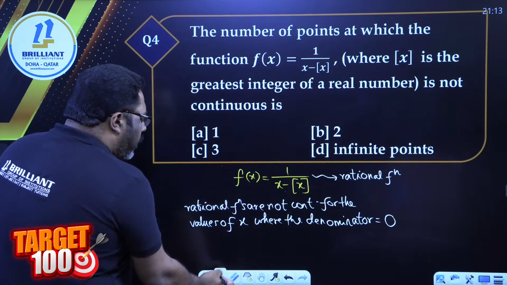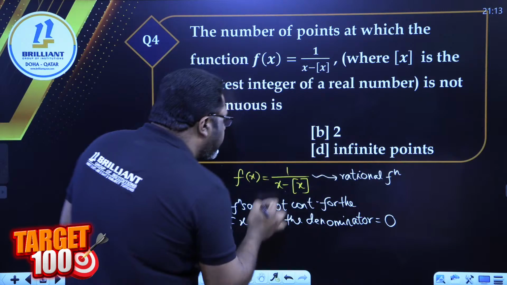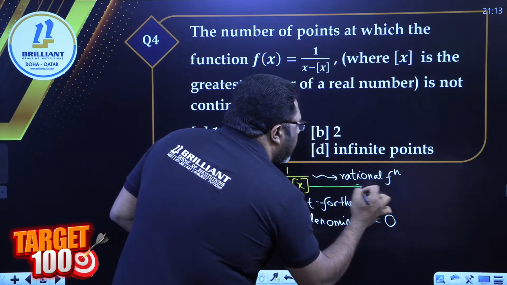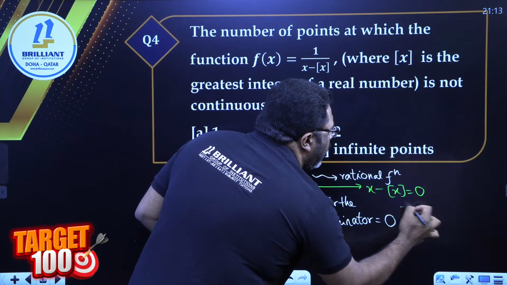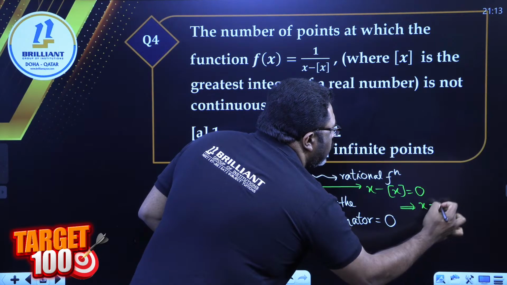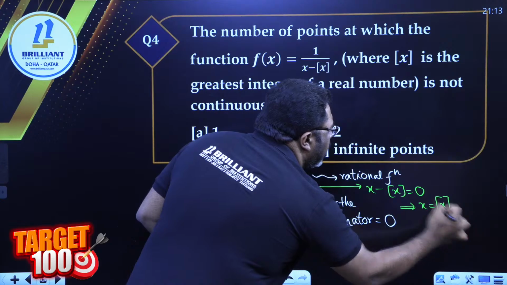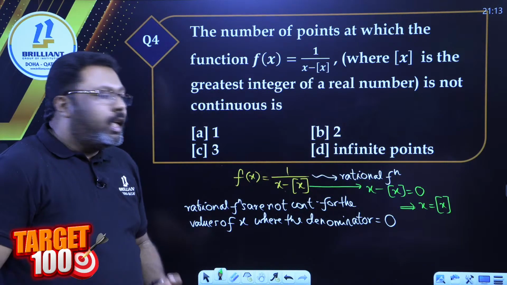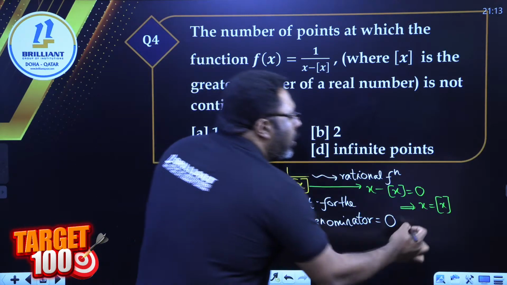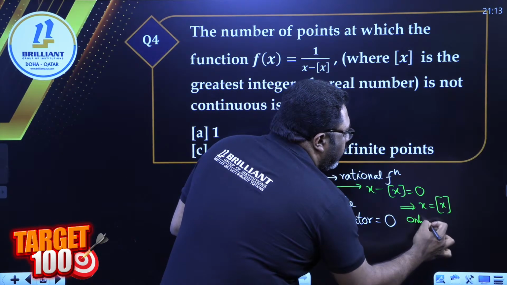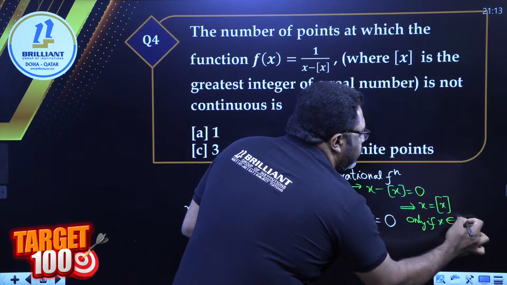What's my denominator here? It is x minus greatest integer of x equal to 0. That means x should become equal to the greatest integer of x. This happens only if x is an integer.